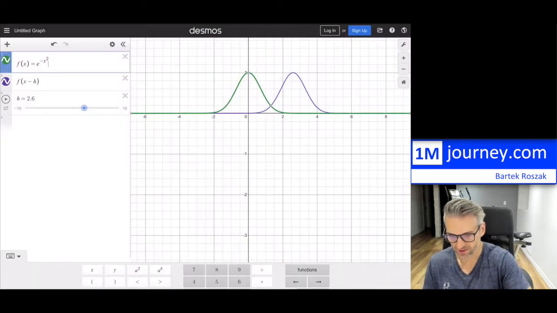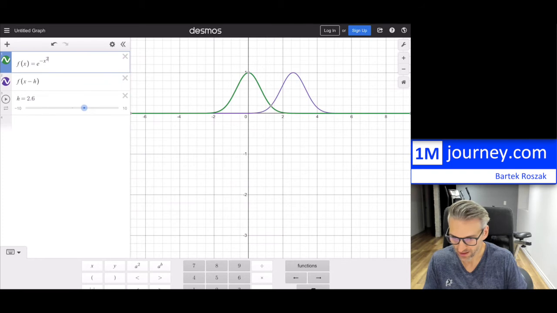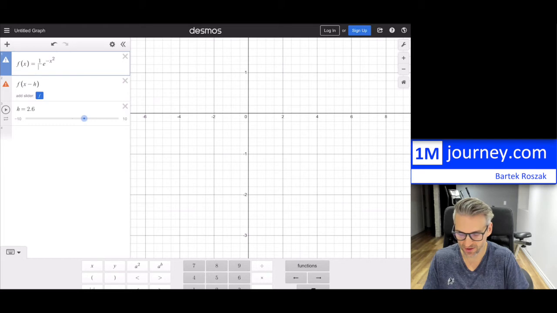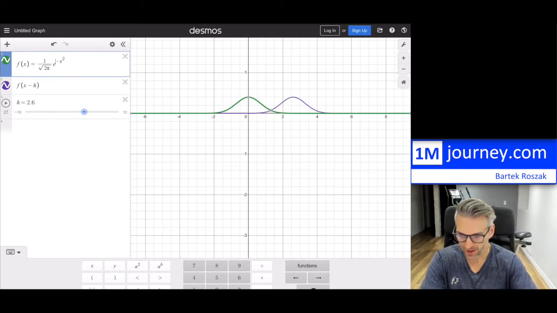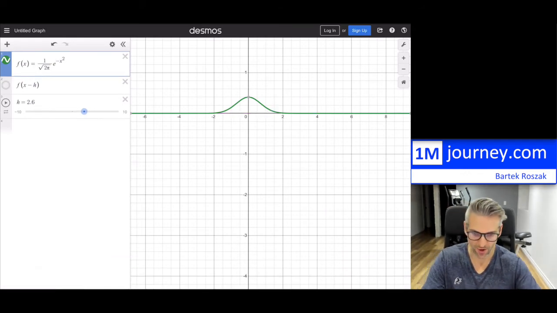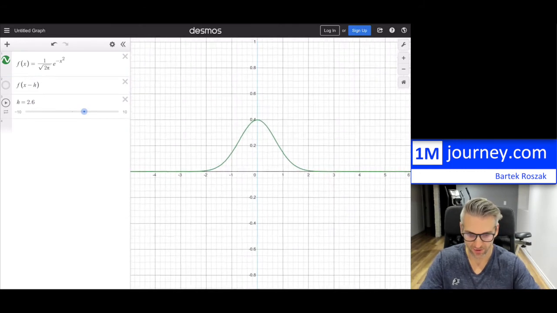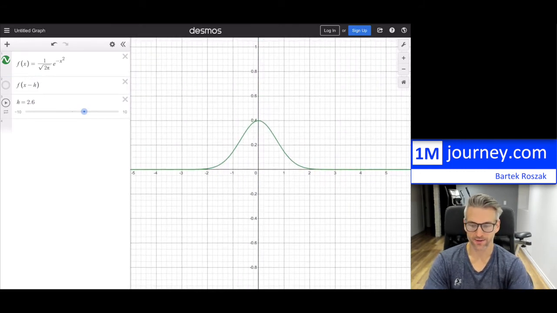So if I have my function in here, this would have been 1 divided by the standard deviation, now I'm going to normalize this whole thing, so this is the square root of 2 pi, and there you have it. Now let me shift this away, and that is really what your standard bell curve would look like. That's what we have right there.